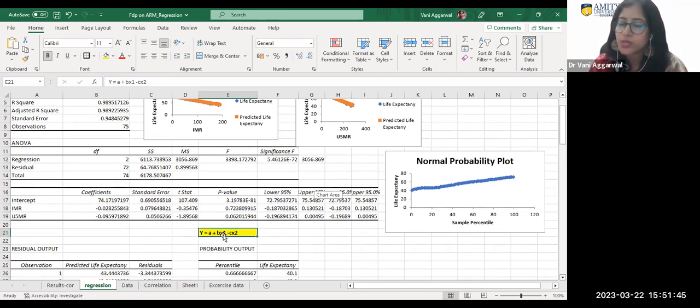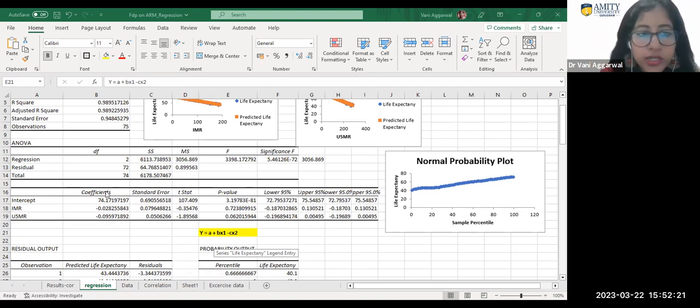Y is your dependent variable, X1 is your first independent variable, X2 is your second independent variable. What is A here? A is your intercept, B is your slope, or we can say B and C are your coefficients for the X1 and X2 variables. So we look here at the coefficients.